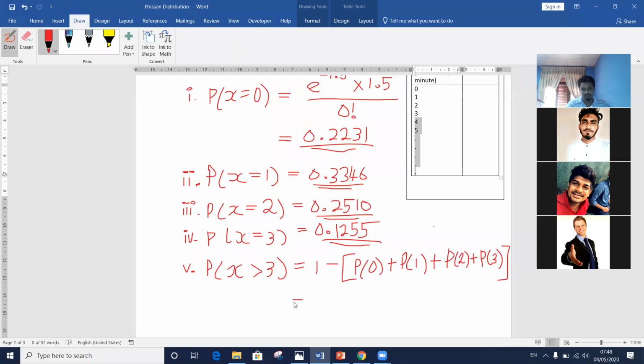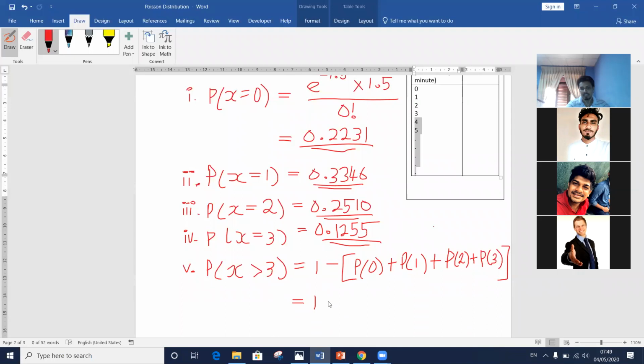Right. Do we need to separately find these values again? Do we need to write the formula again and work them out? No need. We have already found all these values. When x equals 0, 1, 2, 3, we have already found them.